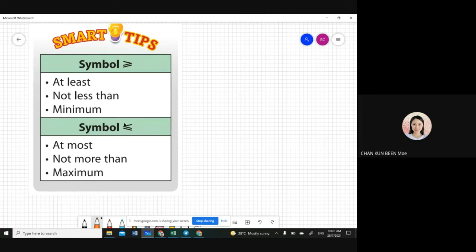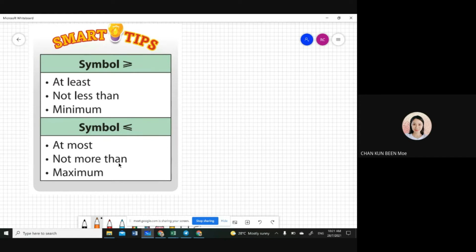When it comes to less than, you will see the words at most. For example, the points he scored in the exam, at most 80 marks, meaning he scored 80 marks and below. So it is less than or equal to. Same thing with not more than.